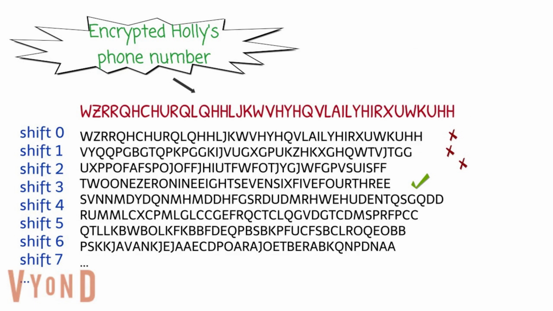Our first shift is by 1, and then we'll have our result. Then we shift by 2, by 3, by 4, by 5. That's how you're going to describe it, until we get to 25.